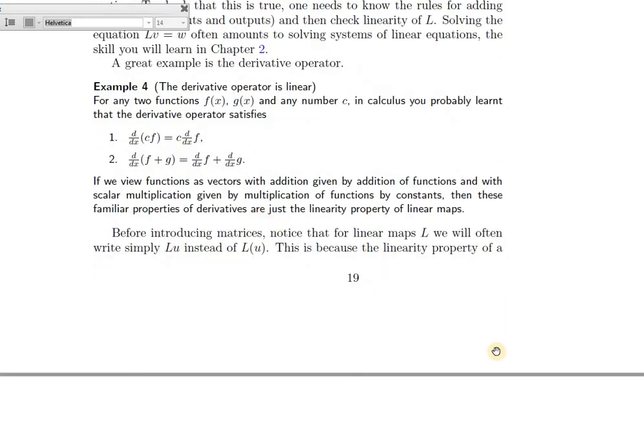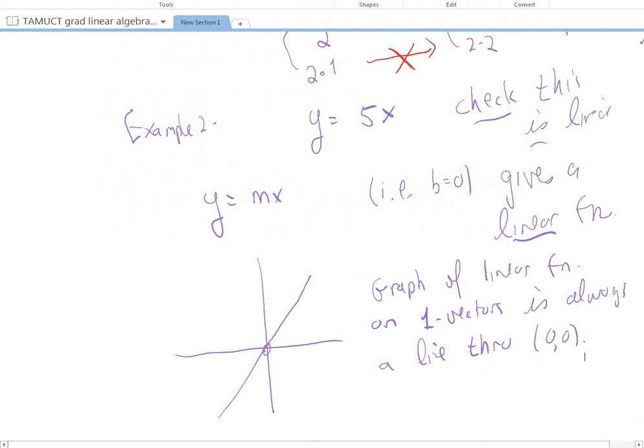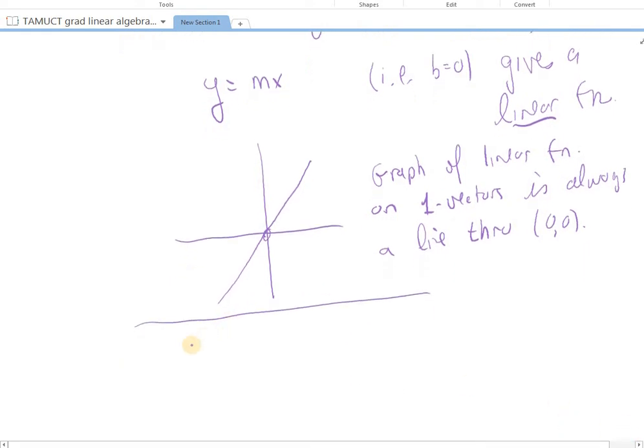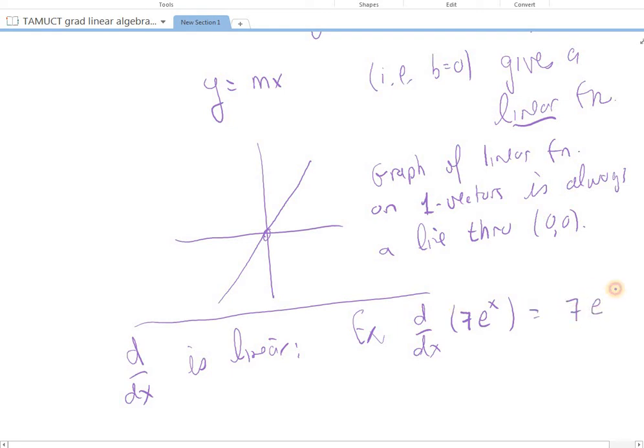For instance, just a little calculus review, d/dx is linear. You can give an example. If I take d/dx of, let's say, 7e^x, well, you probably know that you can take the 7 outside of the derivative, so this is just equal to 7e^x.